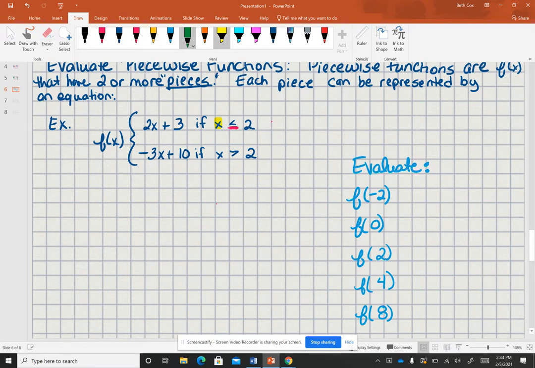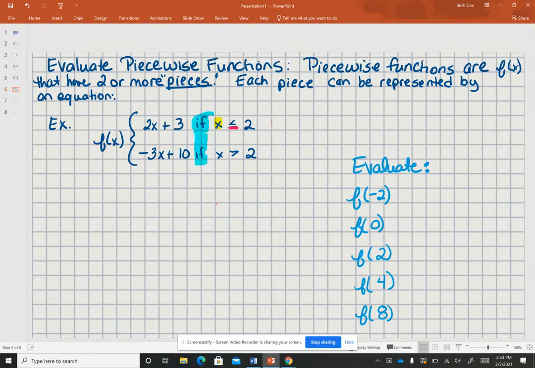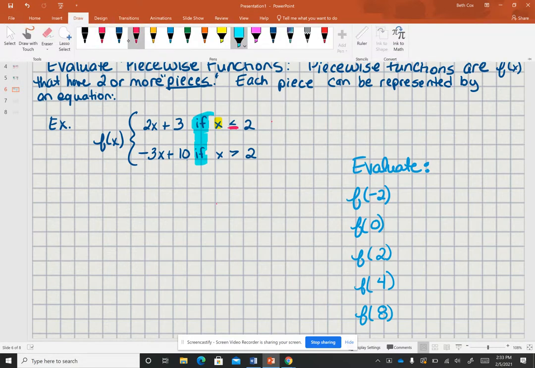So, let's talk about this particular function without the graph, because that's the way it looks a lot of times. First of all, we see this word if. Normally, if is at the beginning of our sentences, right? Well, they don't look like that in math. So in math, you might need to flip it around.